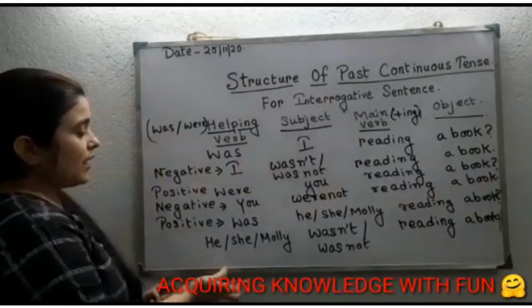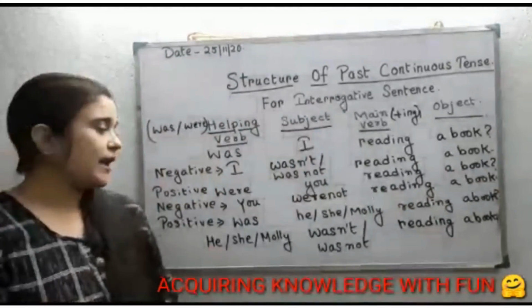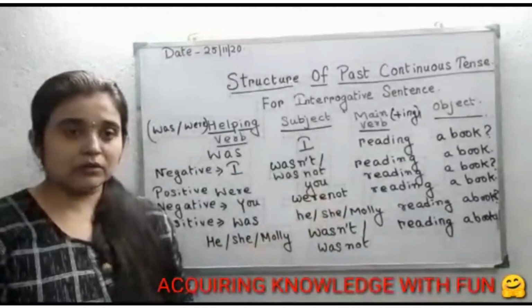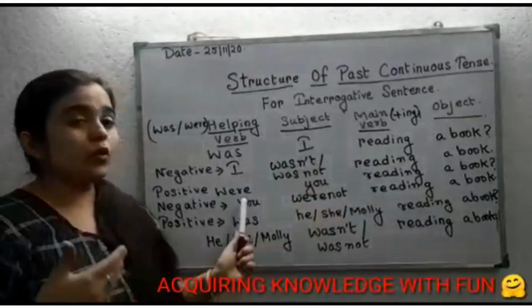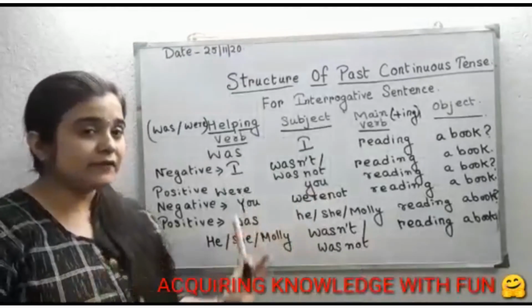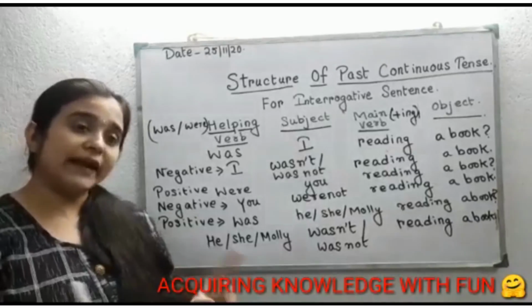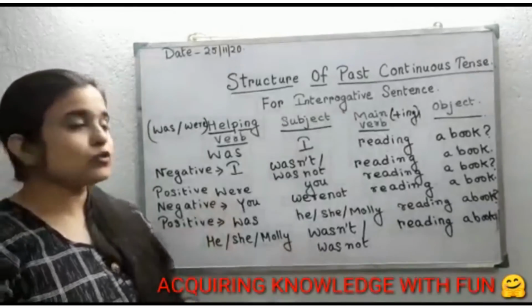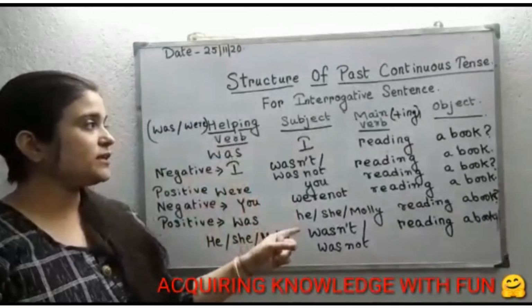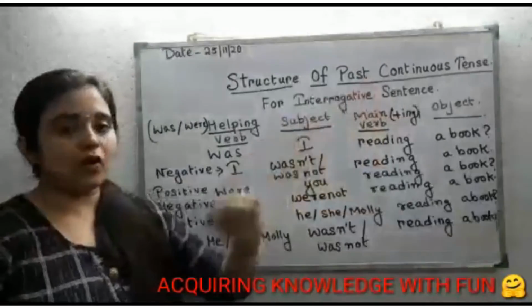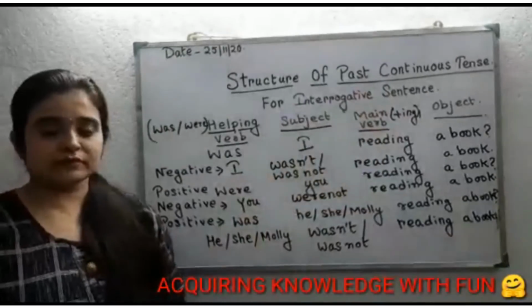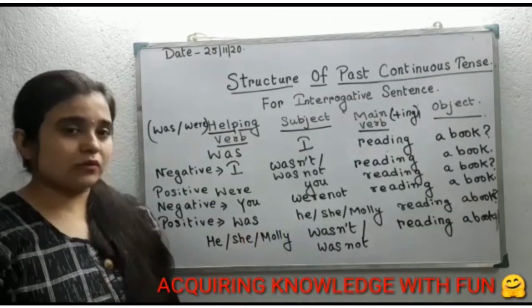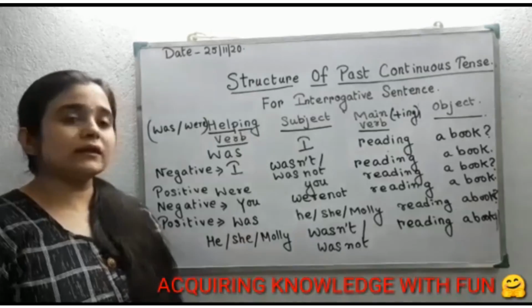Like this way. Another, if I ask you question like were we reading a book? Then the negative sentence. But while framing interrogative sentence, then at that time you have to put helping verb, then subject, then main verb with ing and object. Okay? And the negative sentence will be? We were not reading a book. Okay. Understood? Yes. Another example.